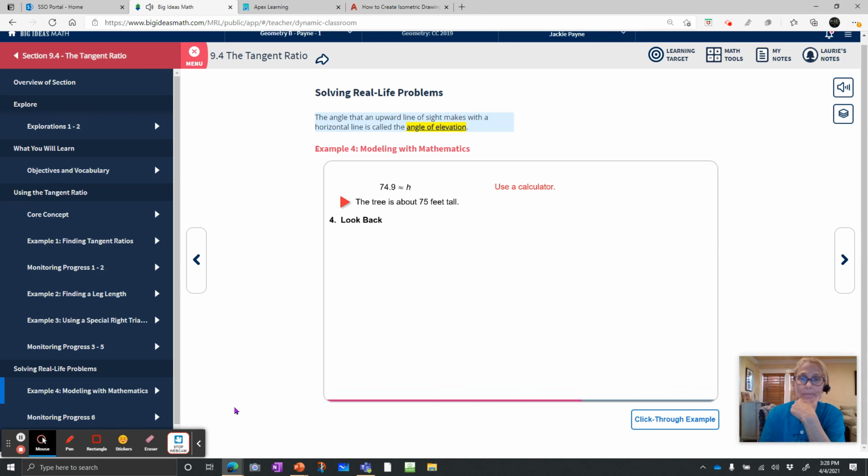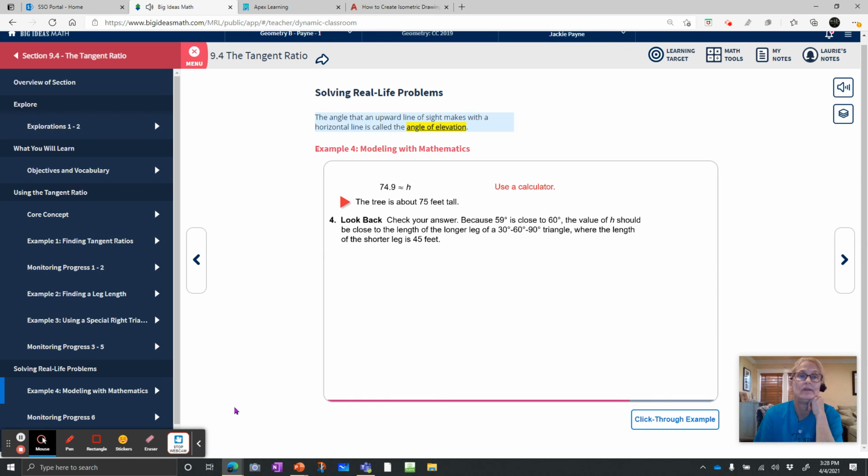Step 4. Look back. Check your answer. Because 59 degrees is close to 60 degrees, the value of h should be close to the length of the longer leg of a 30-60-90 triangle, where the length of the shorter leg is 45 feet.